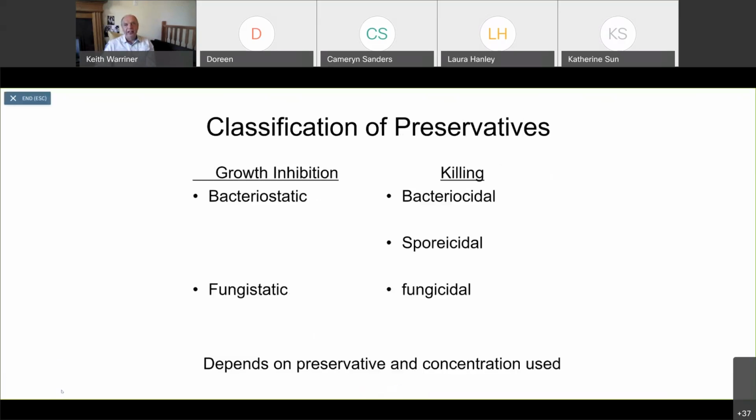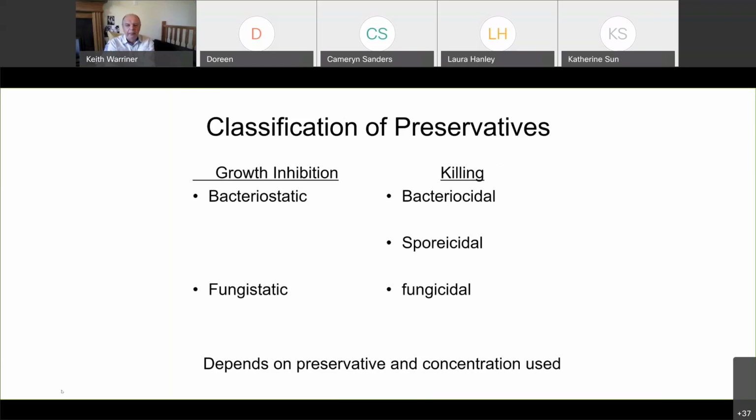We've talked about organic acids and esters before, but when we look at preservatives, most are what we call bacteriostatic or fungistatic, i.e. they're added in low concentration to prevent the growth. We don't mean to kill anything with them, but at least inhibit the growth of bacteria or even fungi like yeast and molds. But when you come to the killing, that's usually higher concentration and more effective.